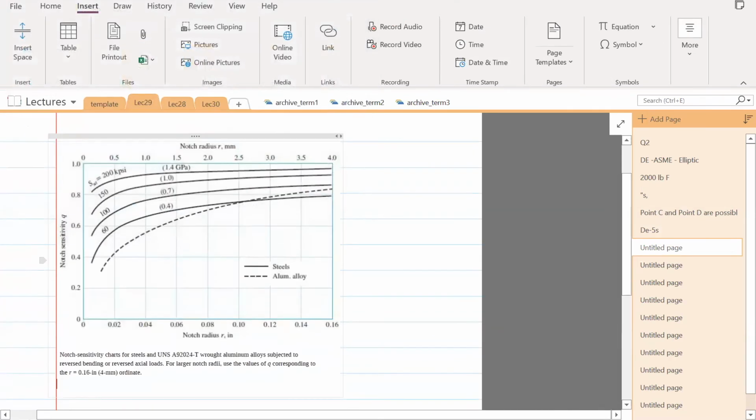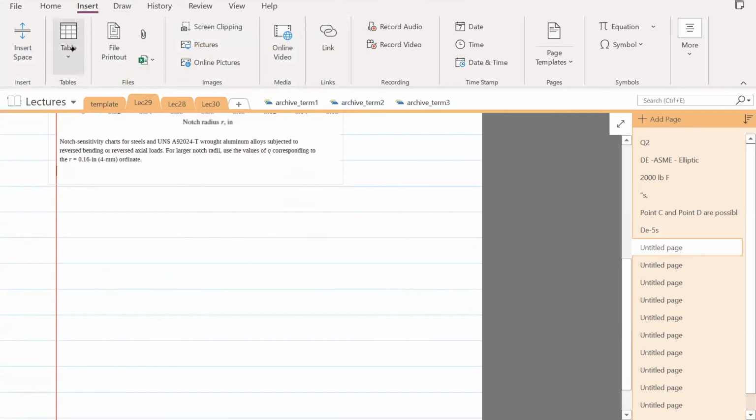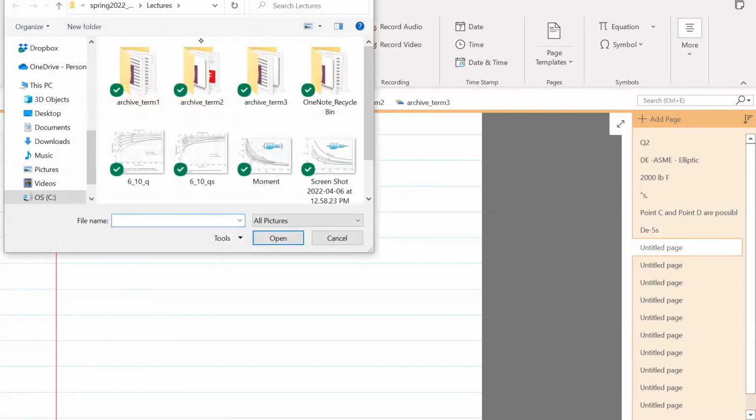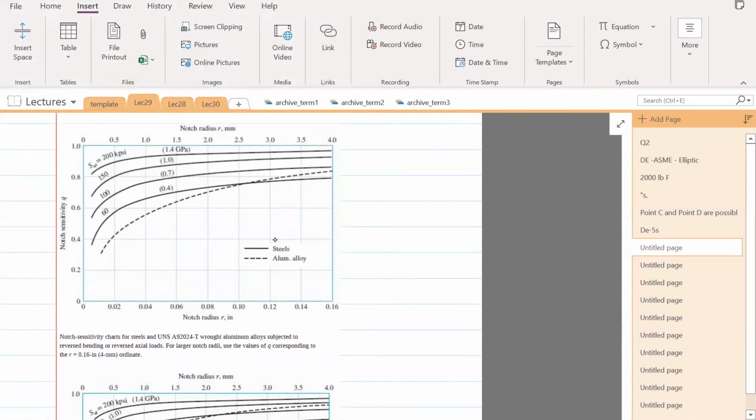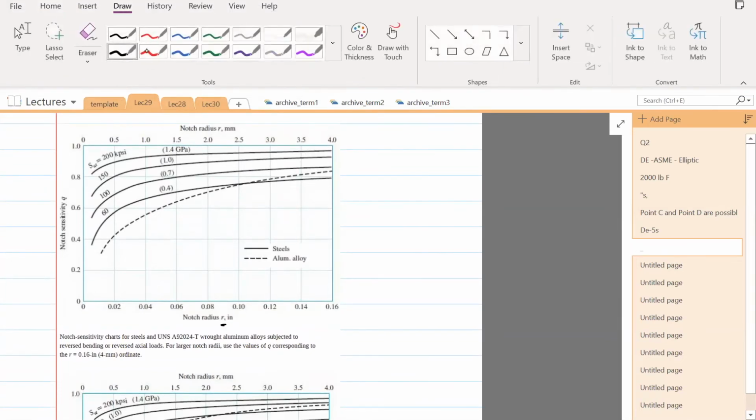q, qs. Okay, so that is a function of the notch radius, and the notch radius is 3 divided by 16 inch.